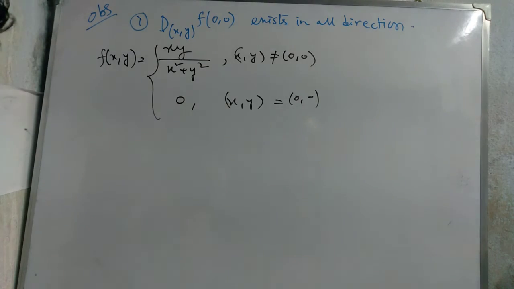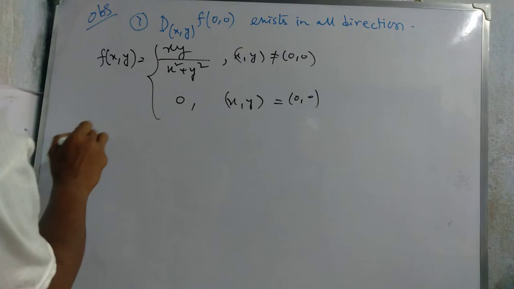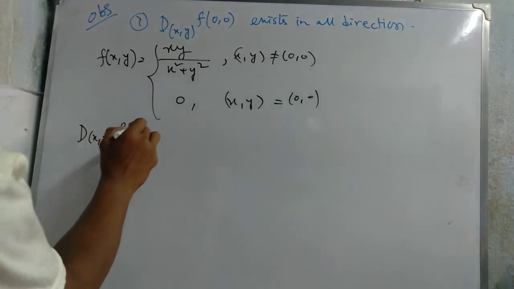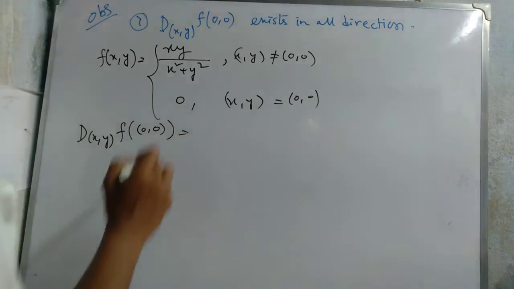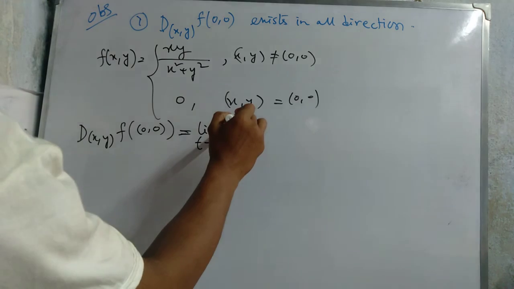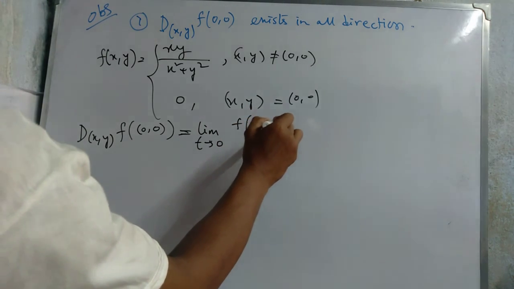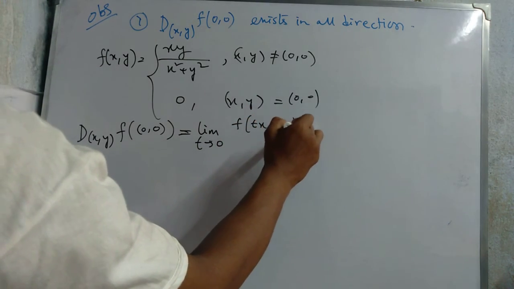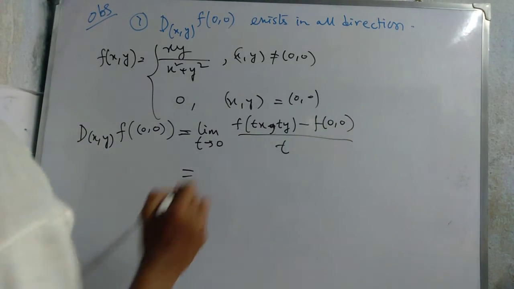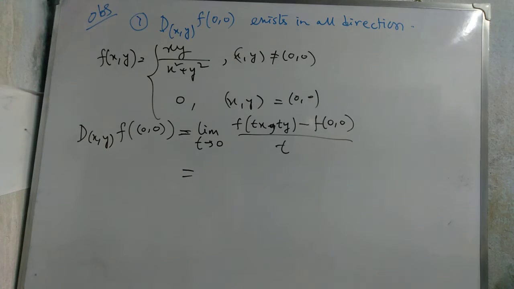Then what happened here? D_(x,y) f(0, 0) equal to the limit as t tends to 0 of f(tx, ty) minus f(0, 0) divided by t. What do we get?